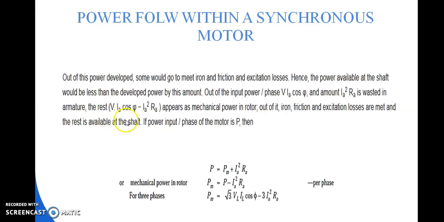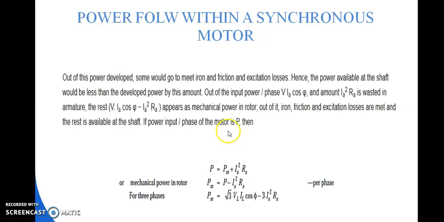So the rest, that is V Ia cos phi minus Ia square Ra, appears as mechanical power in the rotor. Out of it, iron, friction and excitation losses are met, and the rest is available at the shaft.